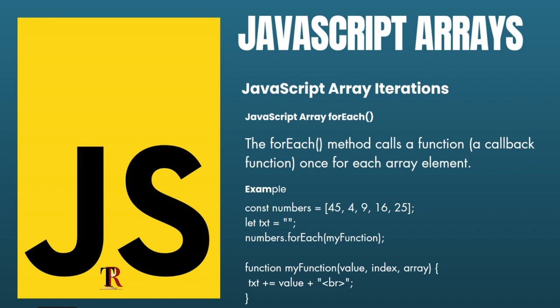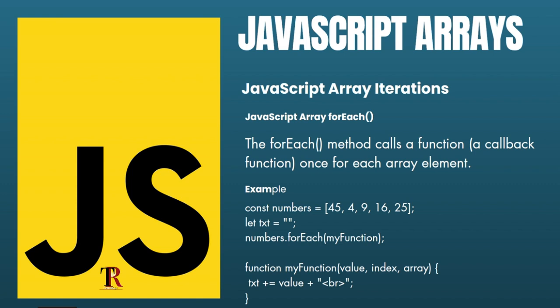That is what this topic is all about. The first method under iterations that we are going to be considering is the array forEach method. The forEach method calls a callback function once for each array element, and there's an example on the screen right here, an array of numbers.